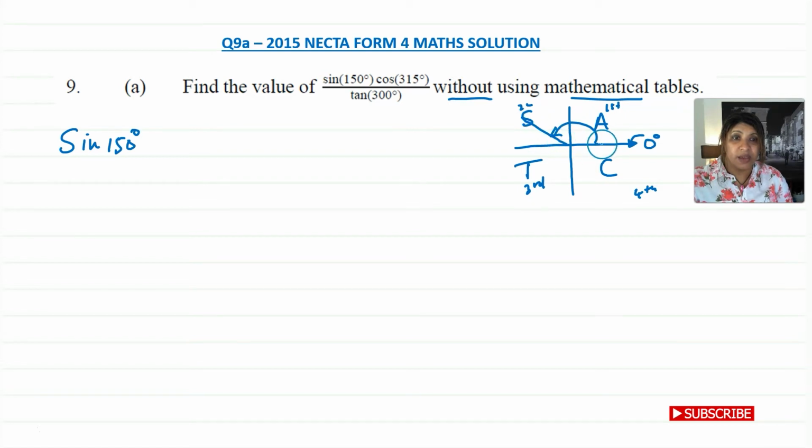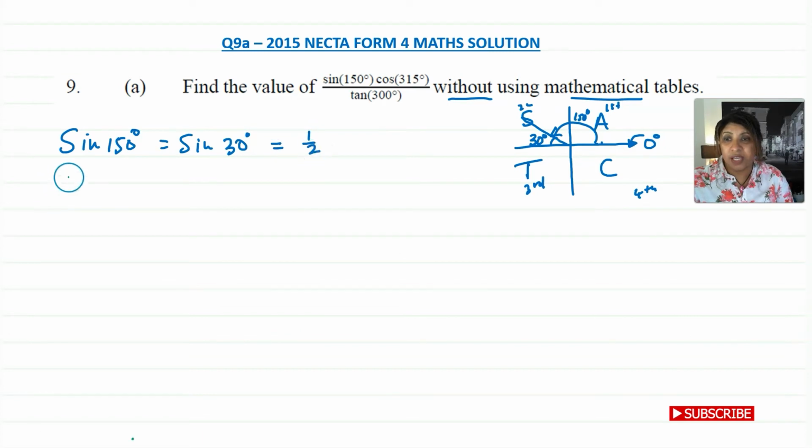From here all the way to this line is 180 degrees. This means the acute angle is 30 degrees. We've got S in that quadrant, which is sine. So sine 150 degrees is the same as sine 30 degrees. Hopefully you know this one, because you should know by now it is half.